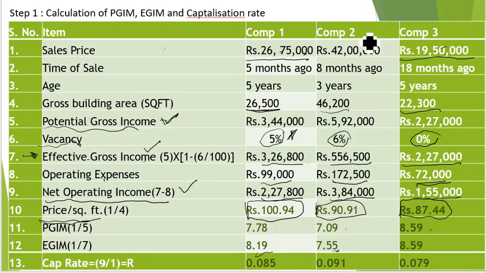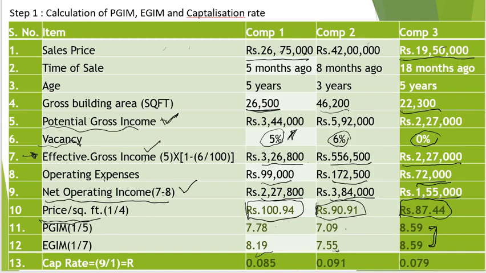So see here, the vacancy was 0. So the effective gross income multiplier and the potential gross income multiplier for comparable 3 will be the same as there is no vacancy. Then capitalization rate, you know it is net operating income divided by sale price.